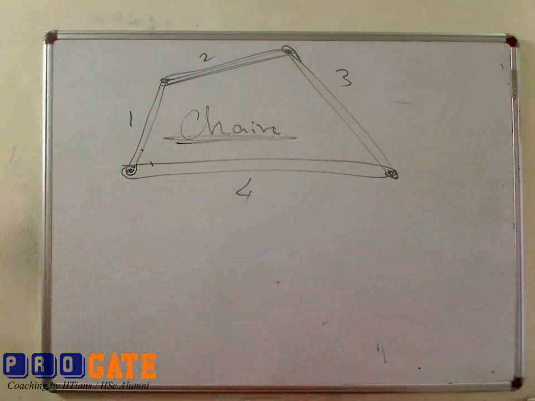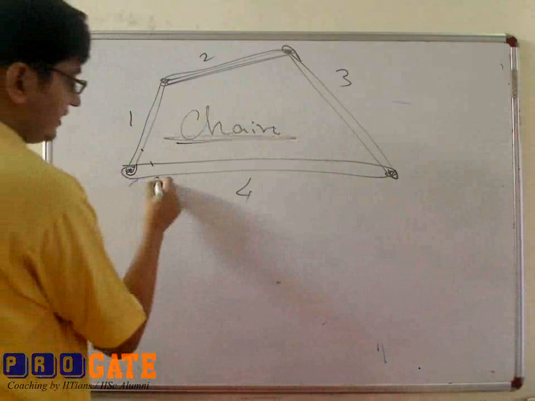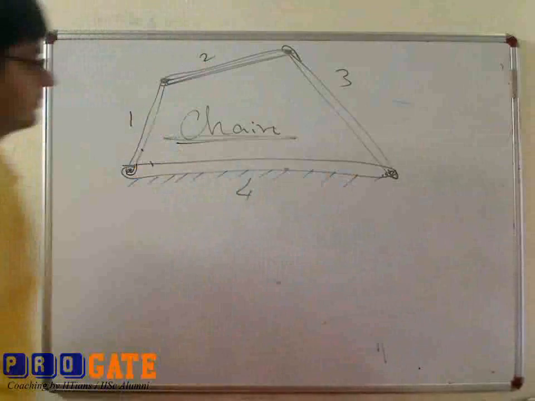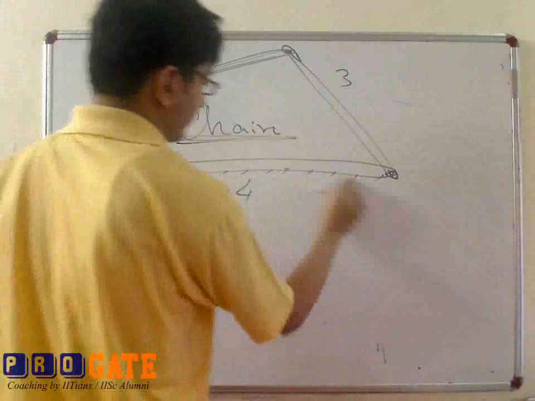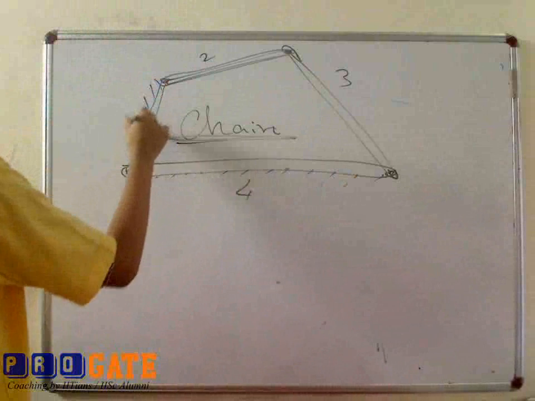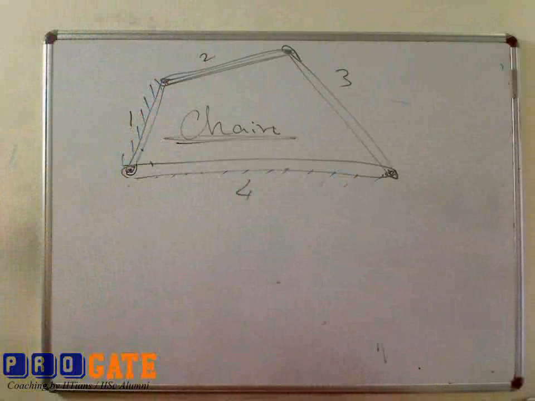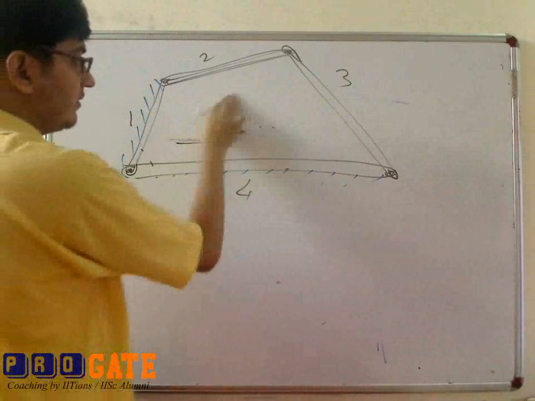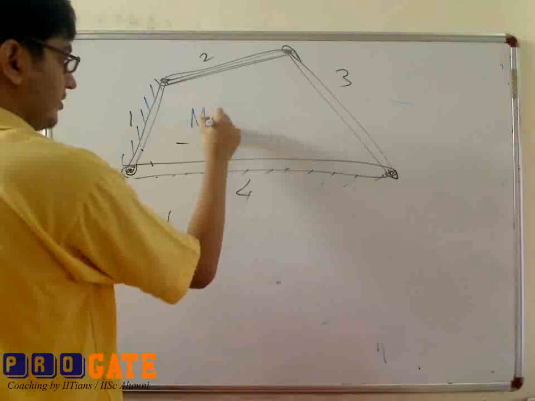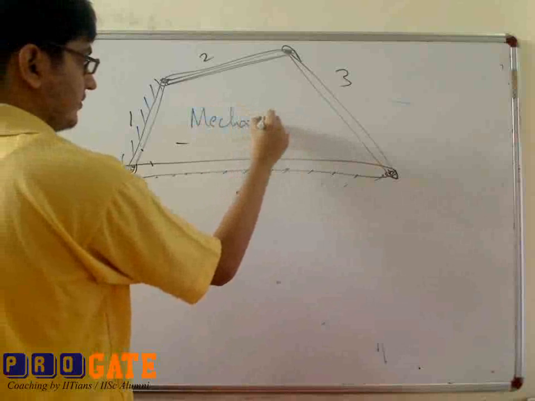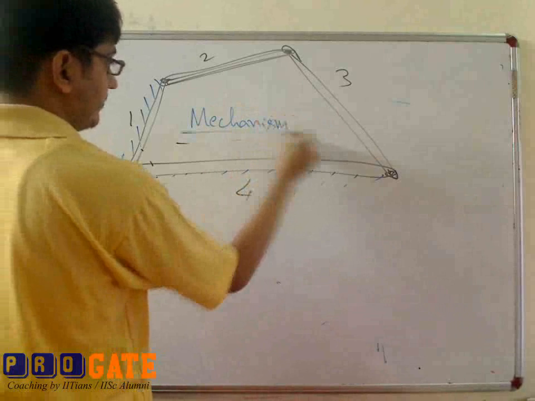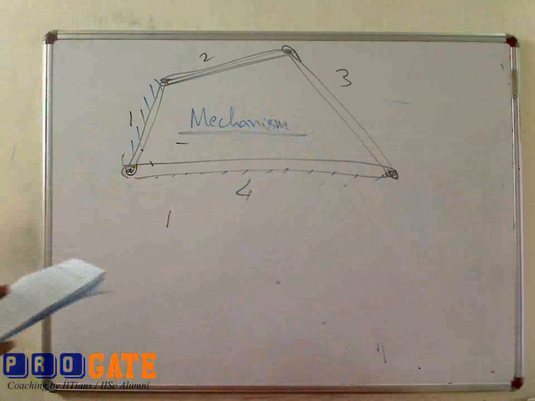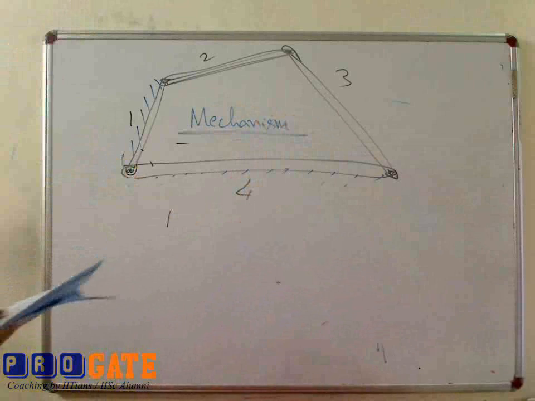Now if you fix one of these links, say you fix this link, or this link, then this system is no longer a chain, it is known as a mechanism. So this is the difference between a kinematic chain and a mechanism.